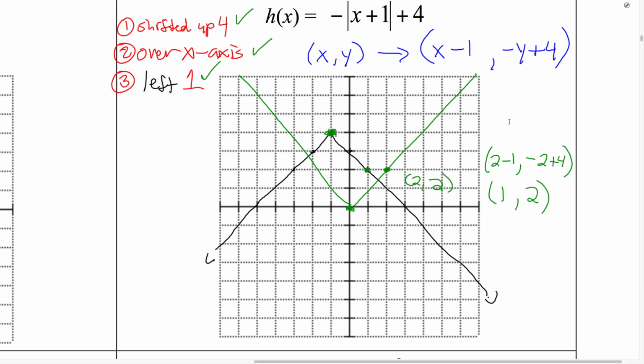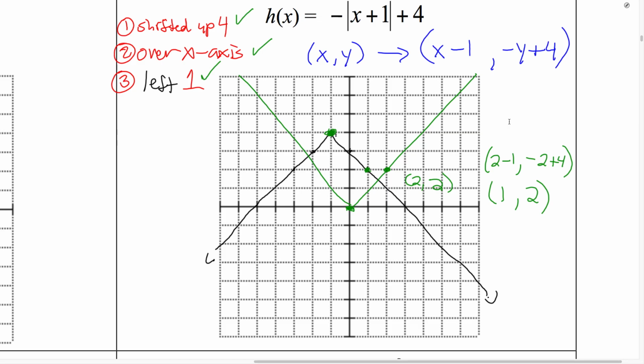What does xy become? There's where the negative comes in. So it's kind of like I'm adding those two together. I'm taking that row that says change it to a negative y, and then I'm taking the top row that says add 4. Now the only rule you do need to know is we always reflect before we move.